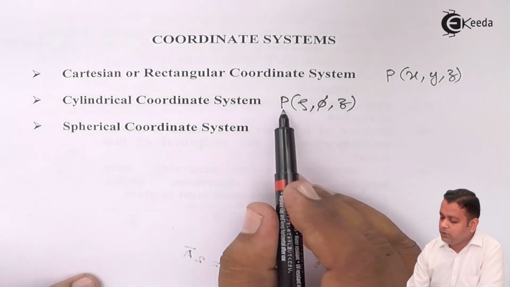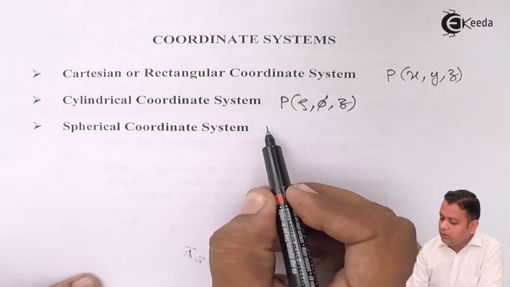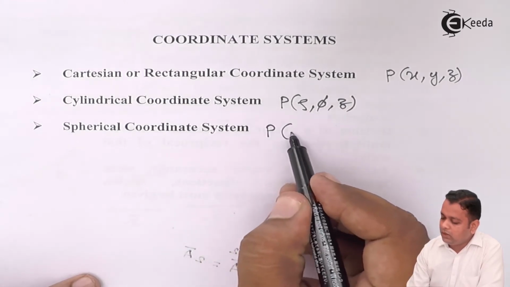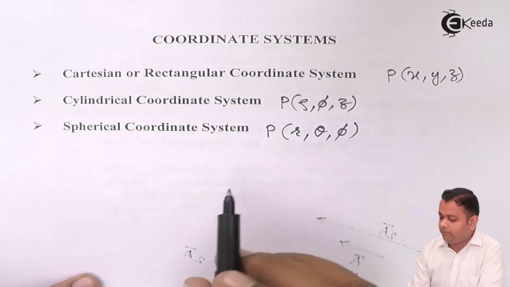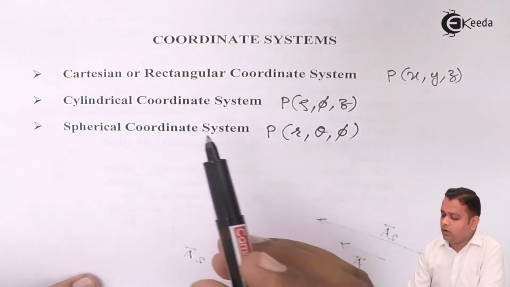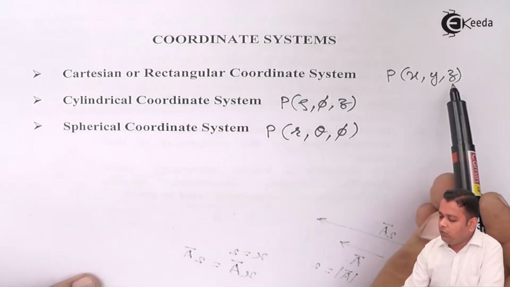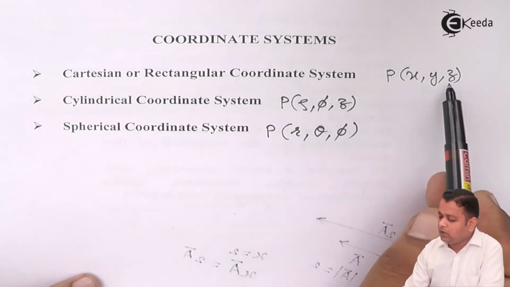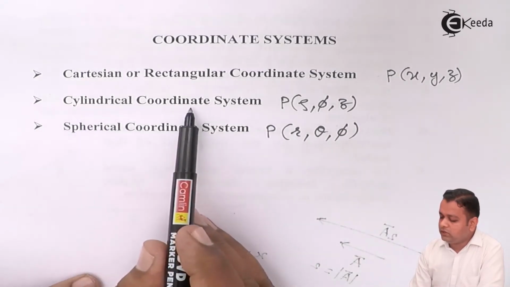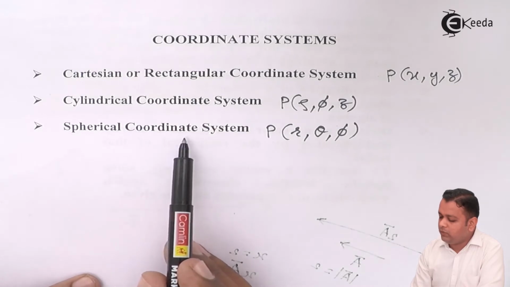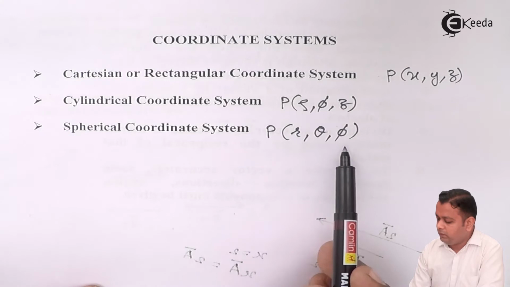The same point P, if we want to locate in spherical coordinate system, is represented as P in bracket r, theta, phi. If we switch from rectangular coordinate system to cylindrical coordinate system, one coordinate we have in common, that is small z. When we switch from cylindrical coordinate system to spherical coordinate system, one coordinate we have the same, that is phi.